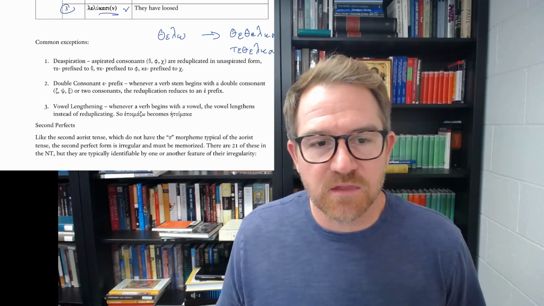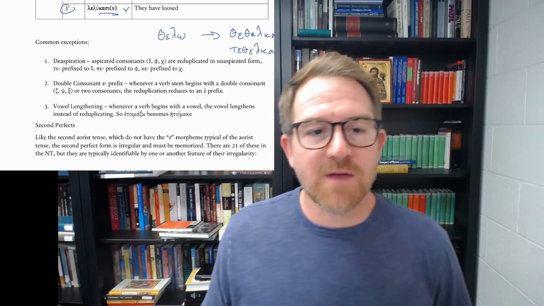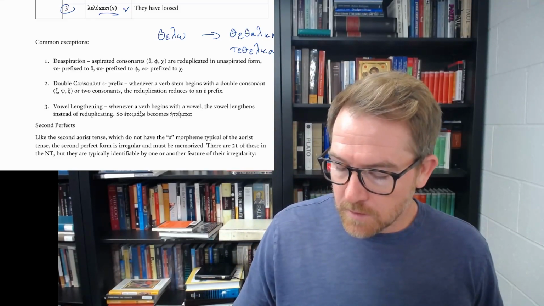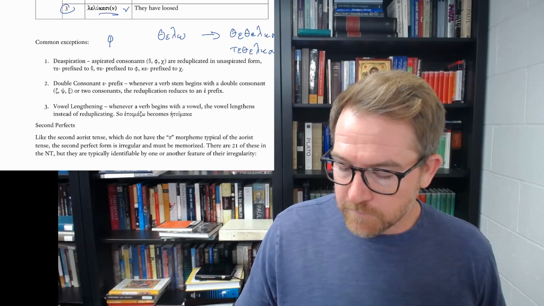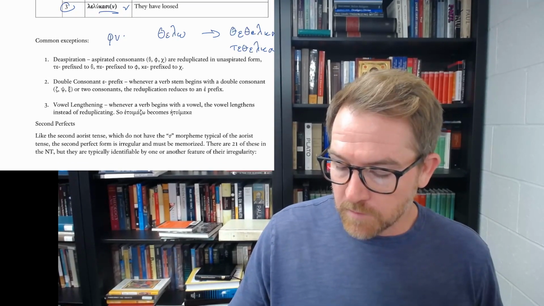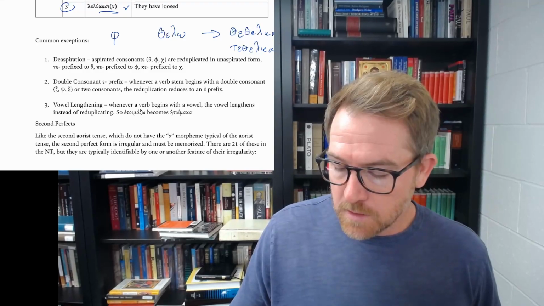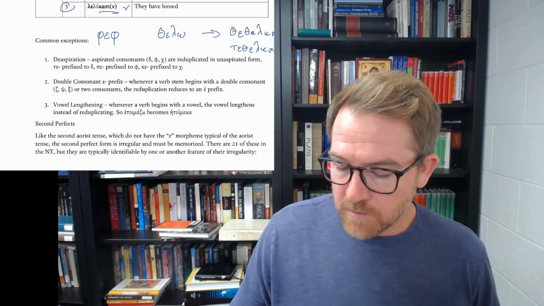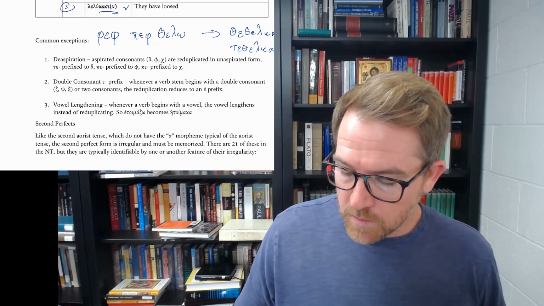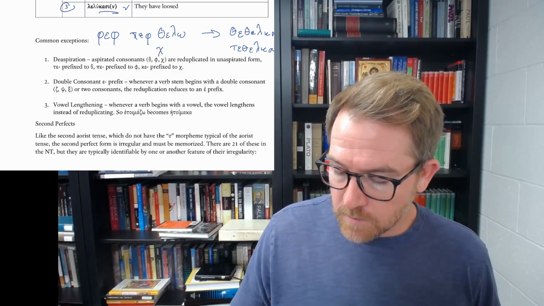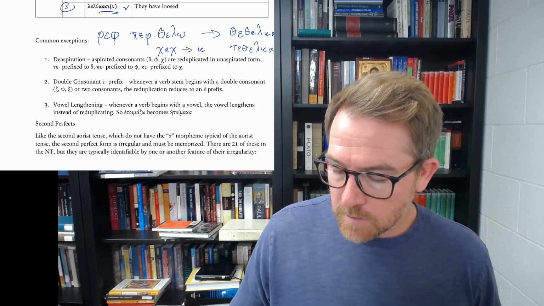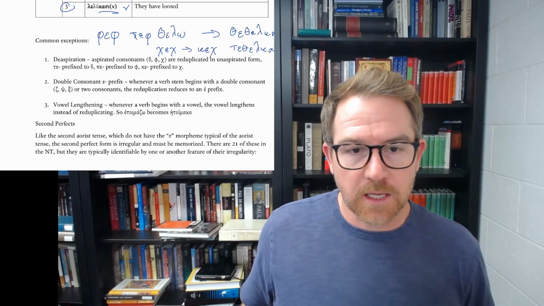So you go te-. Likewise, a verb that starts with a phi, instead of being fe-, goes to pe-, and chi goes to ke-.